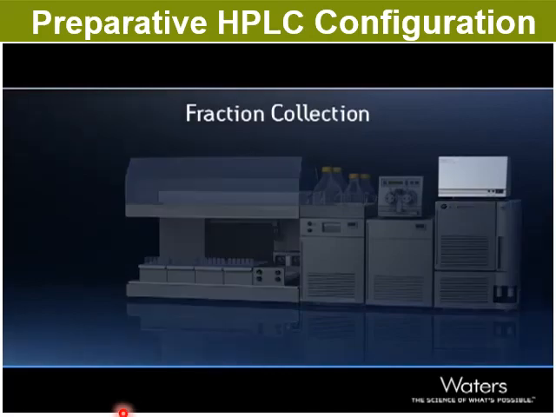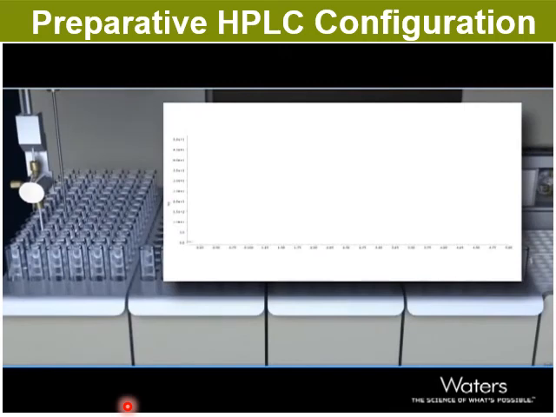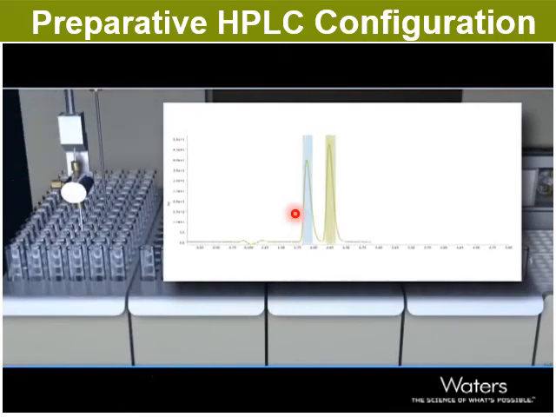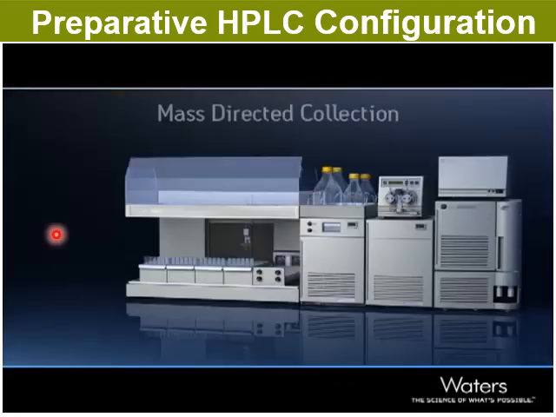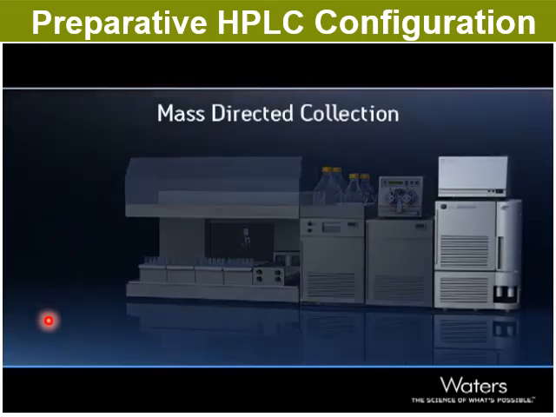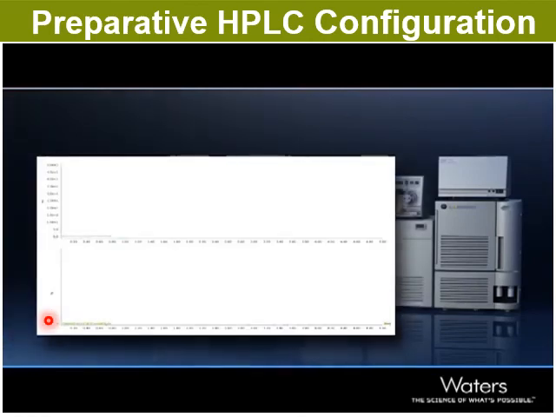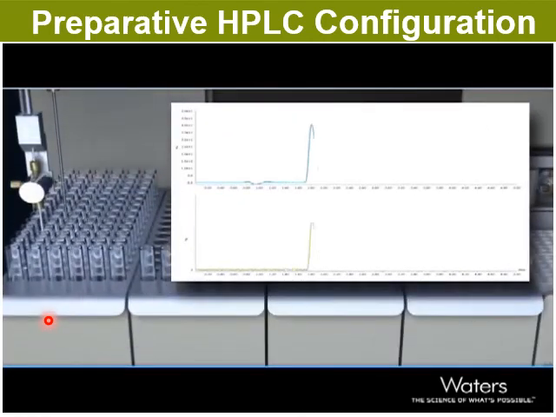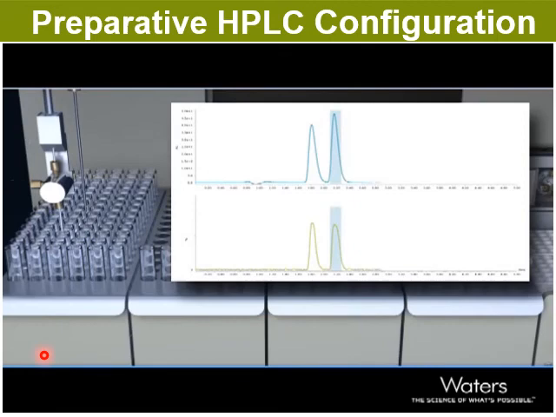In a system equipped only with UV detection, any peaks that achieve the required threshold are collected. When collection is triggered by the mass spectrometer, only the specific mass or masses of interest are collected. This increases the overall efficiency of the purification system.